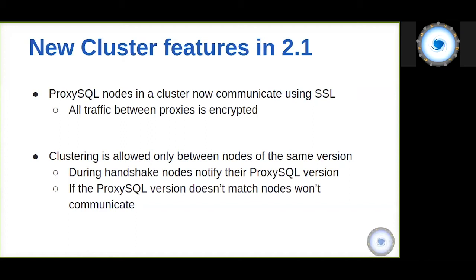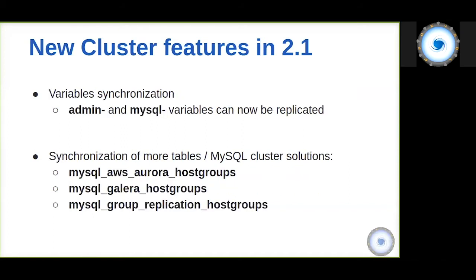If the version does not match, they are not able to monitor each other, and they're not able to replicate the configuration, because the configuration will be incompatible between two proxies of different versions. The fact that they check the version allows us to finally synchronize also the variables.